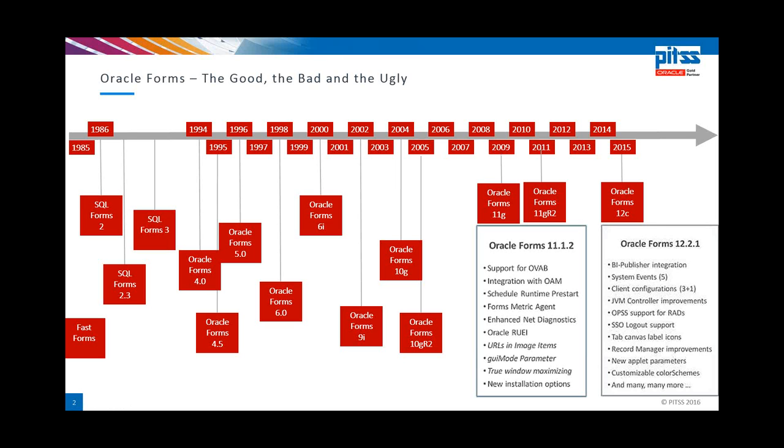That is not necessarily bad because forms is mature, there are not so many bugs to fix, but if we have wishes, we may need to wait a while to see them implemented, and that may not be enough for some applications or some customers. So people see forms from different perspectives. Some appreciate it for maturity, for simplicity, while others see some major future issues and need to think of a migration, or at least to prepare.